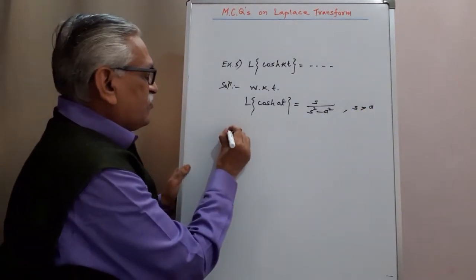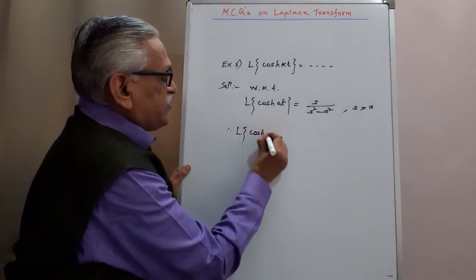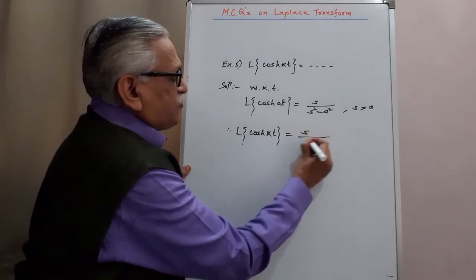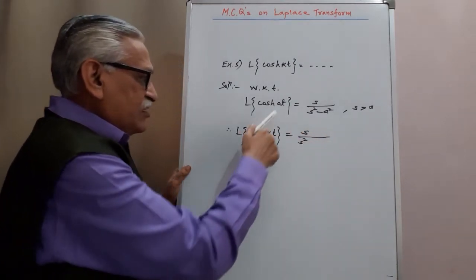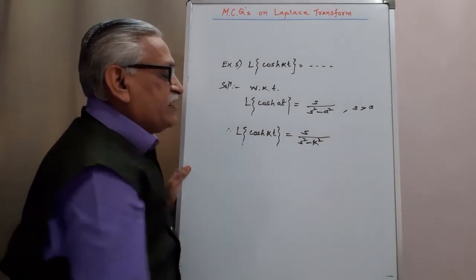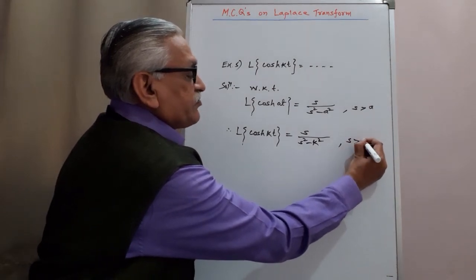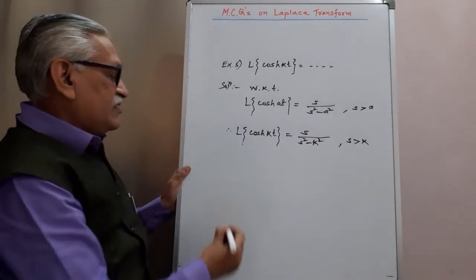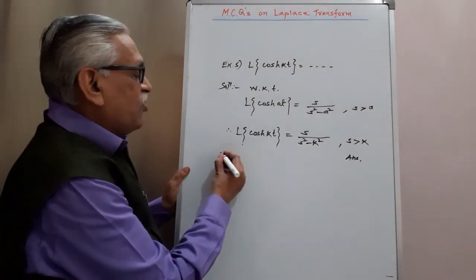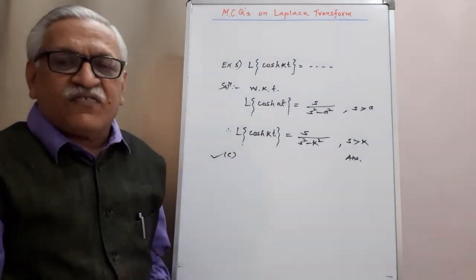And therefore, Laplace transform of cos h kt is s upon s square minus a square. Comparing, we get the value of a as k here, and therefore it is s upon s square minus k square, provided s greater than k, as the answer, option C as the required answer.